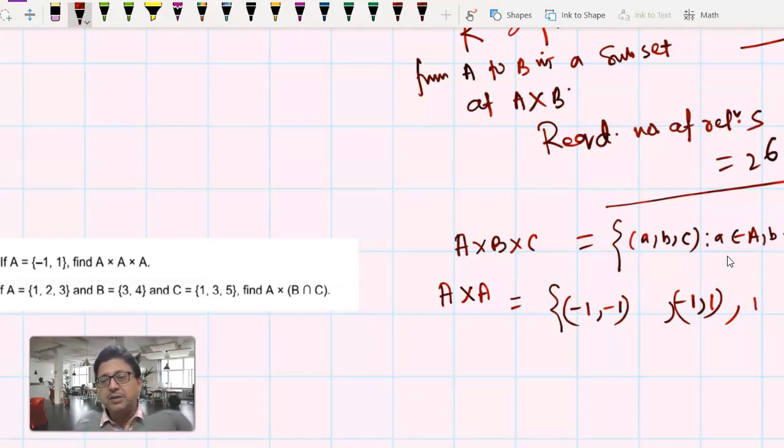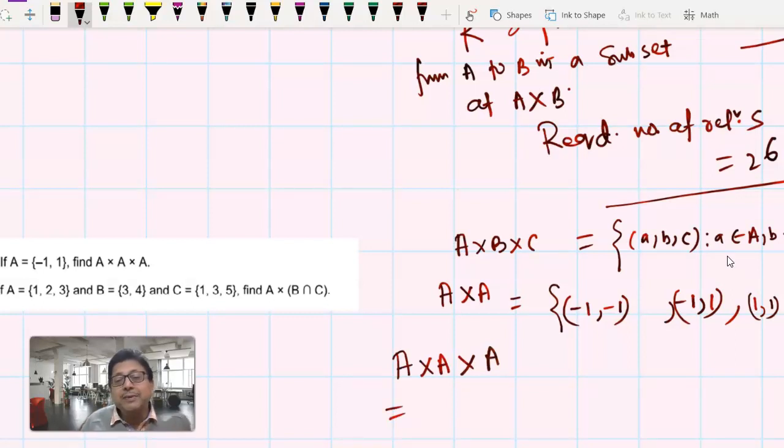Minus 1, minus 1. 1, 1 also will be there. So if we combine, it will be 1, minus 1. Yes, that also will be there. 4 elements will be there in A cross A. Obvious. This is 1 comma minus 1.